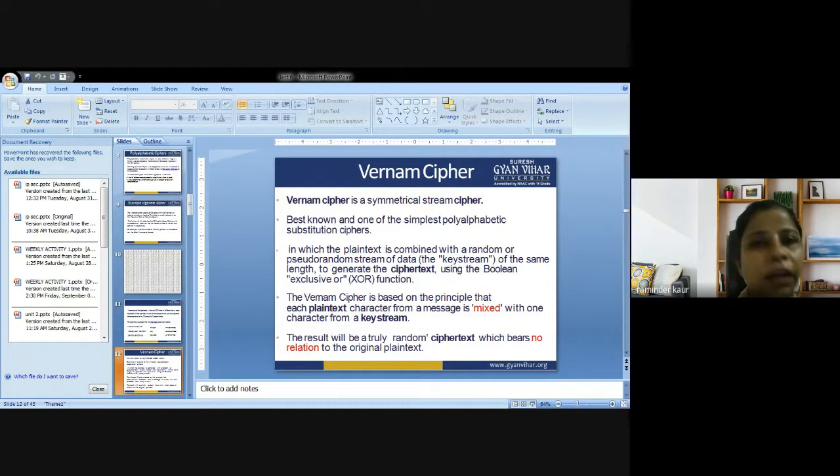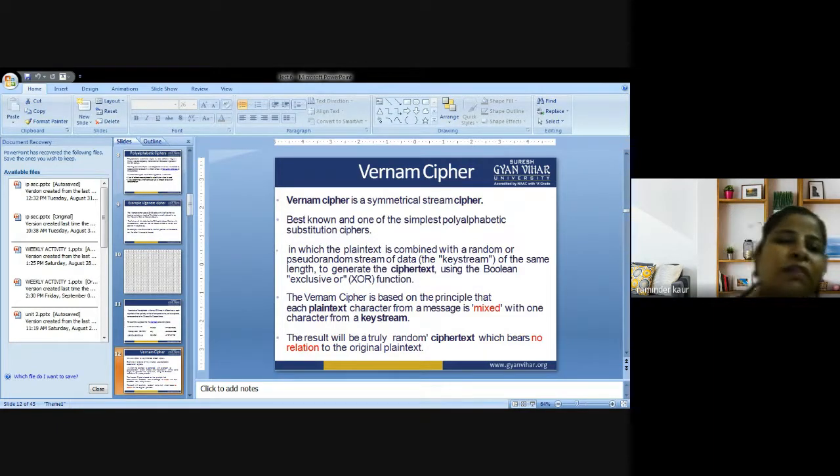Then after arranging the text diagonally, we read the text row wise. The characters in the first row are written first, followed by the second row, then the third row. In that manner, we deal with the transposition technique.